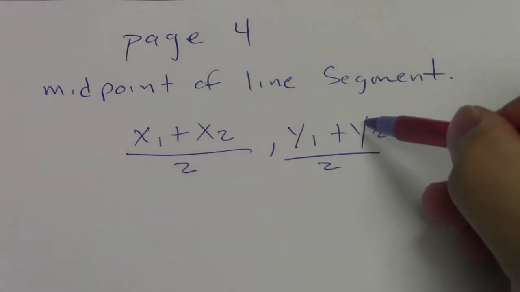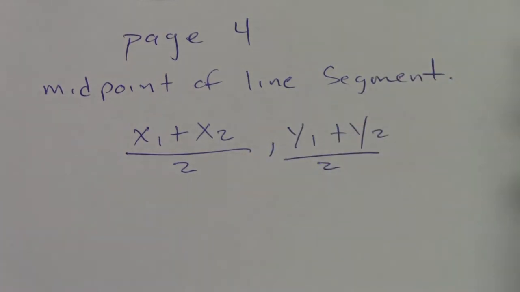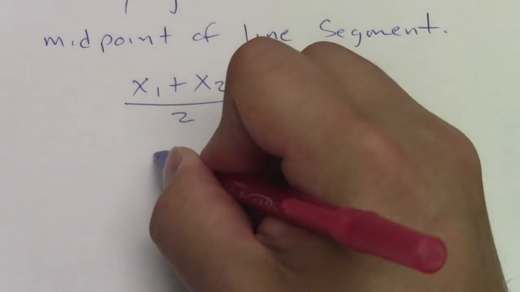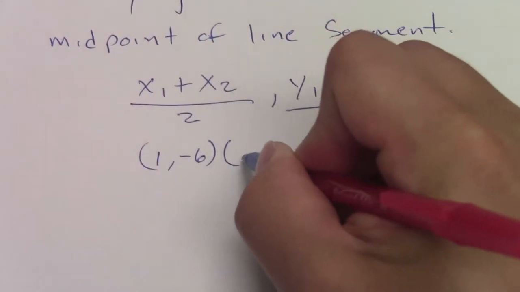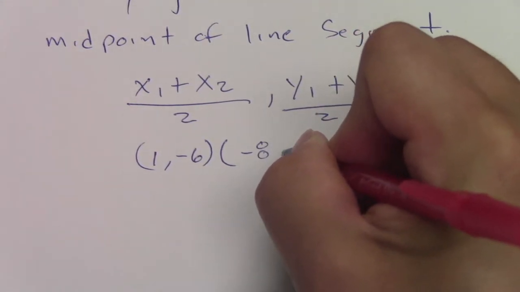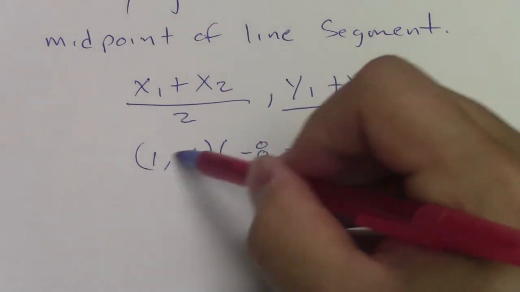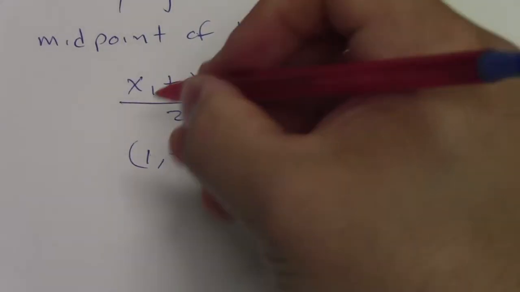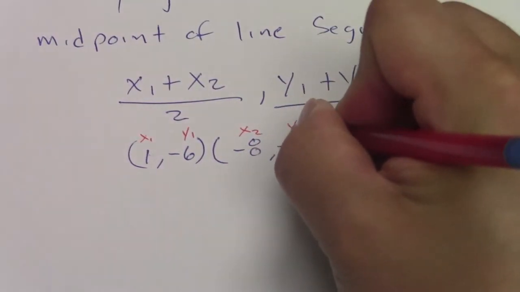All right, so all we have to do is just plug these numbers in, and then that'll give us the midpoint of a segment. So as an example, if I have 1 comma negative 6 and negative 8 comma negative 4, I can go ahead and just plug these in. Like I said, I always label these x1, y1, x2, y2.